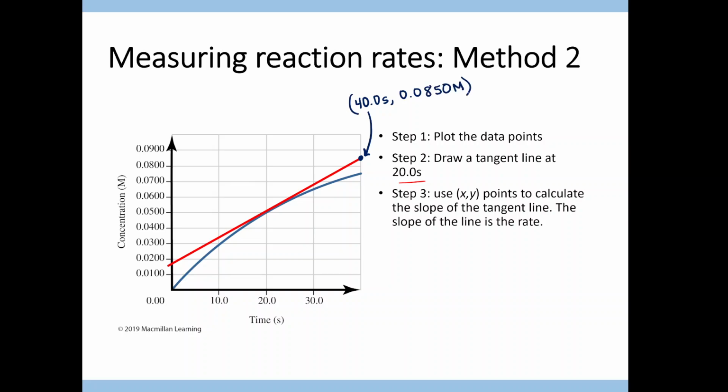So that's one XY point that we will use. And then we'll use 0 seconds, so the beginning and the end of this line for what we've graphed here, which is at 0 seconds, concentration is 0.0160 molar.